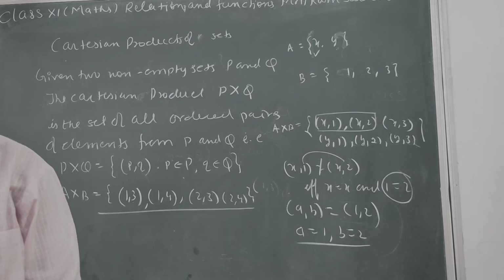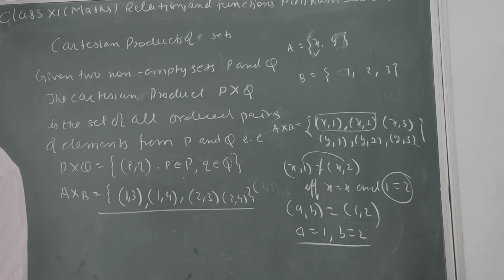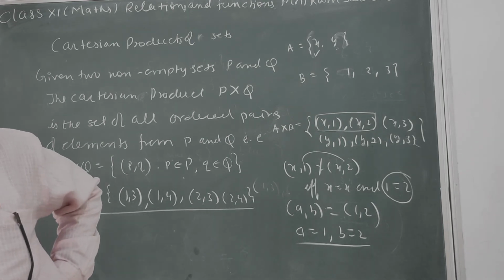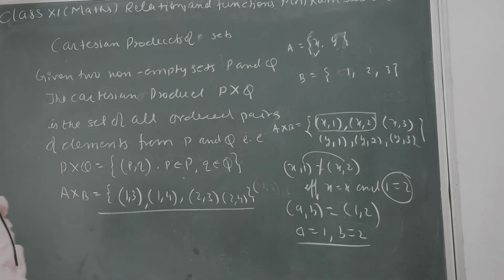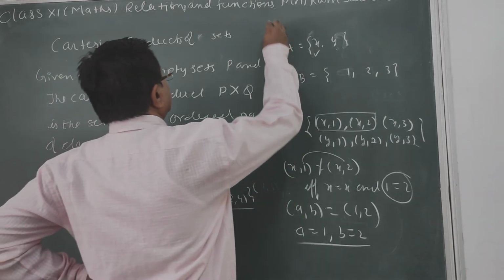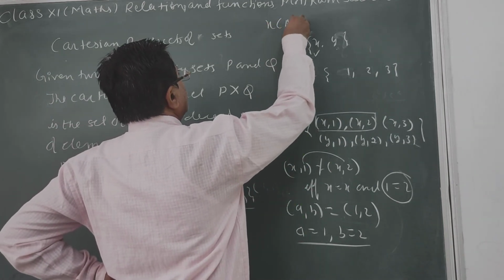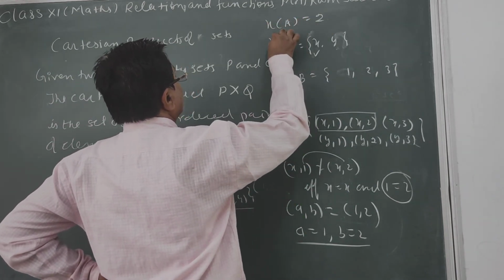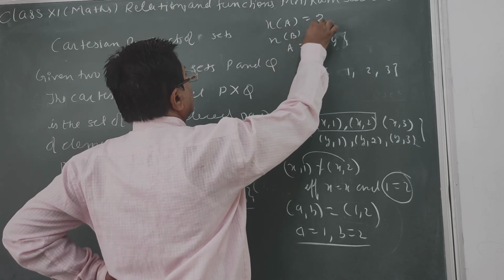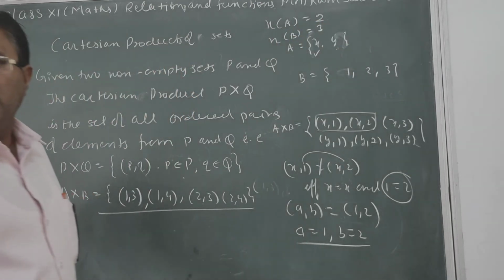Clear? Now the next thing: if there are p elements in A and q elements in B. अब देखिए जैसे यहाँ number of elements in A कितना है, number of elements in A is 2, number of elements in B is 3, right?